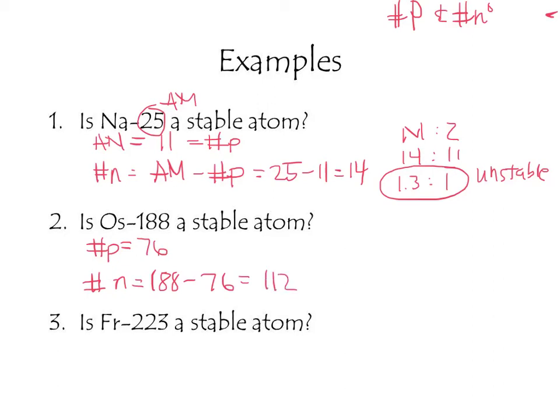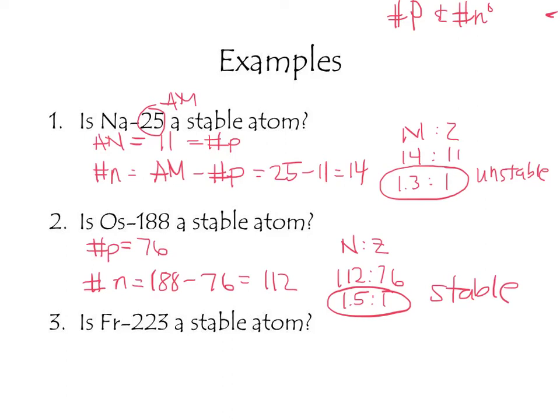Let's do the N to Z ratio for this: 112 to 76, and if we simplify this, it would be 1.5 to 1. Osmium falls between the next level, and remember that goes all the way up to bismuth, and that should have a 1.5 to 1 ratio. And we have a 1.5 to 1 ratio, so this is a stable isotope.